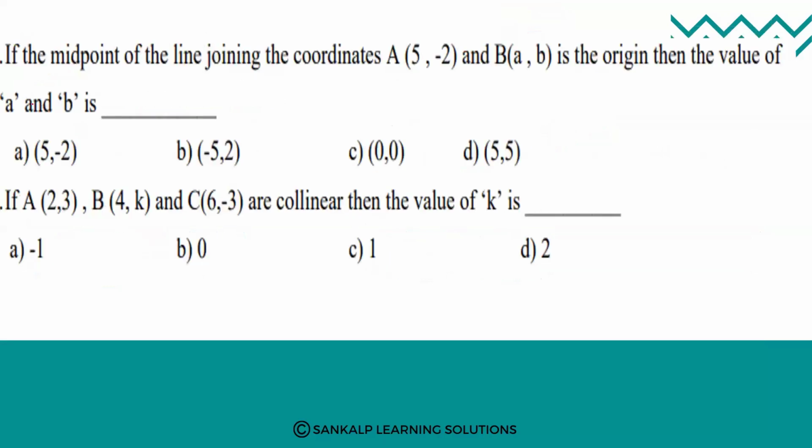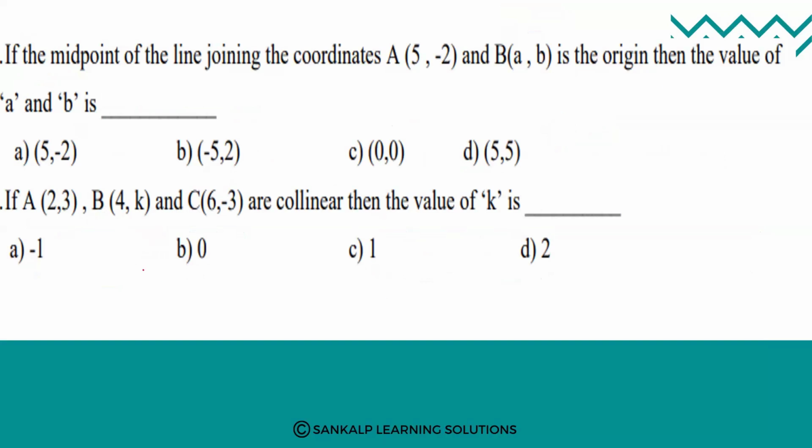Next, if the midpoint of the line joining the coordinates (5, minus 2) and (A, B) is the origin, then find the value of A and B. Okay, value of A and B. What happens? Midpoint of the line joining. Then what is the formula of midpoint of the line joining: (x1 plus x2) divided by 2, (y1 plus y2) divided by 2.